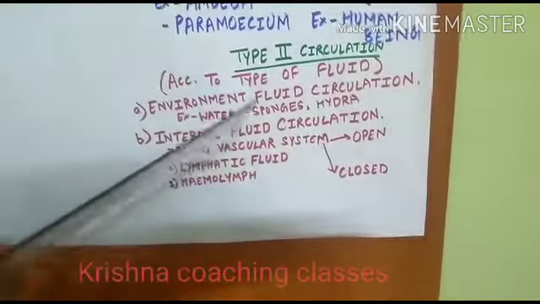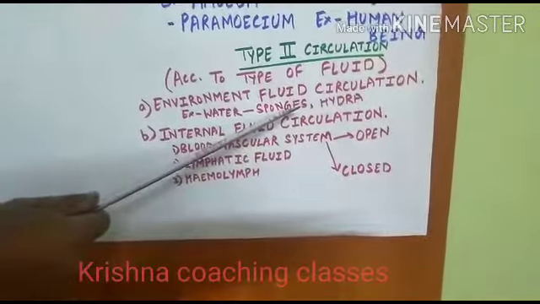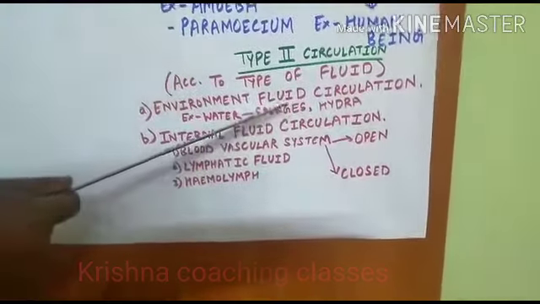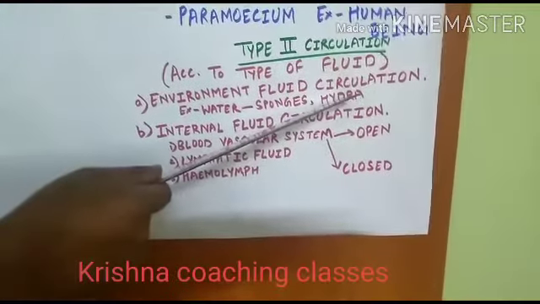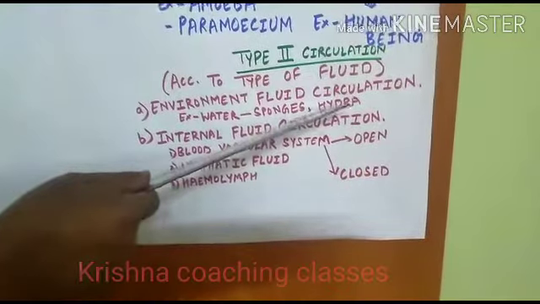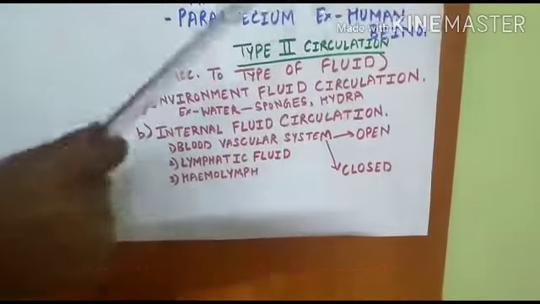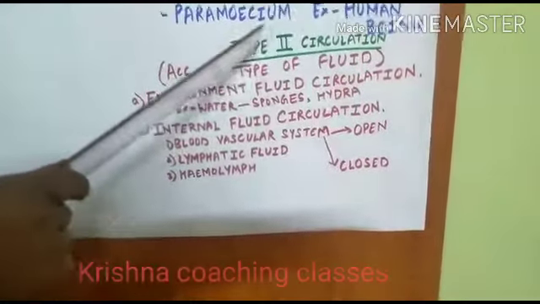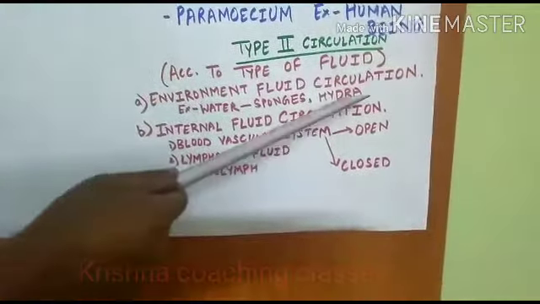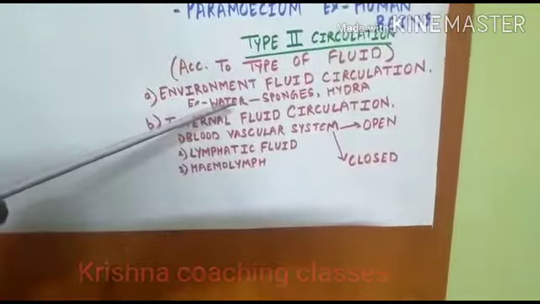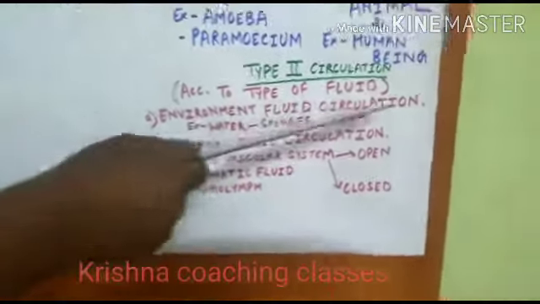There is an inlet and an outlet which you observe in the sponge, so they work according to the water canal system. Now in a hydra, there is only one opening. This hydra also has a water inlet, only one entry, and through that it also exits. So these are the water channels you will see in environmental fluid circulation.